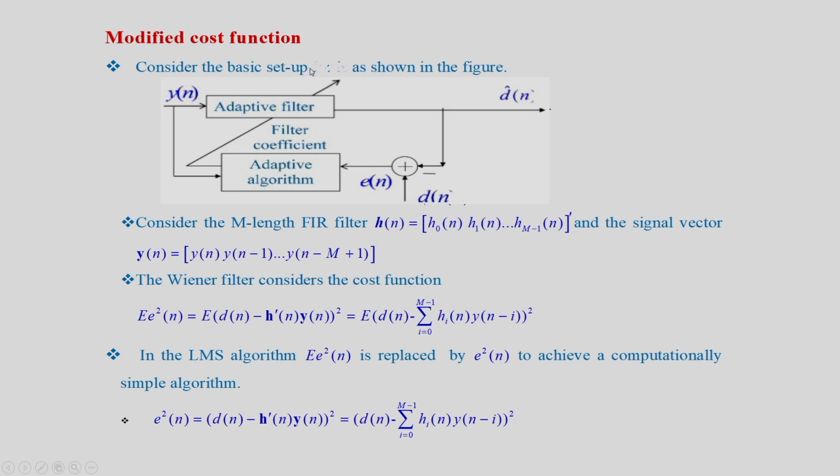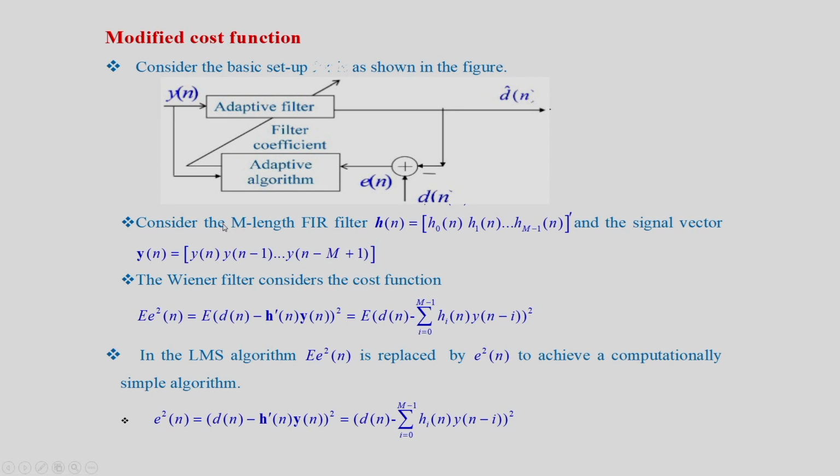Consider the basic setup as shown in this figure. Here y[n] is the input to the adaptive filter and its output is d-hat[n], which is compared with the desired signal d[n], and the error is used to update the filter coefficients according to the adaptive algorithm, and those filter coefficients are used in the adaptive filter.